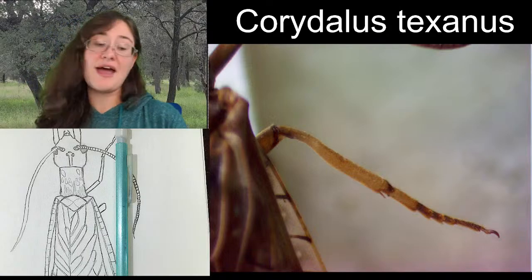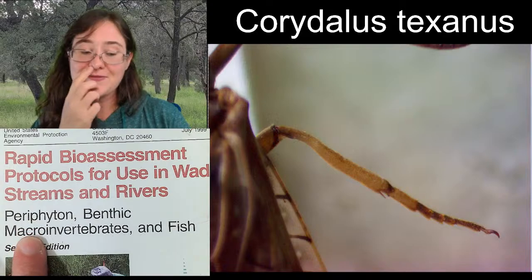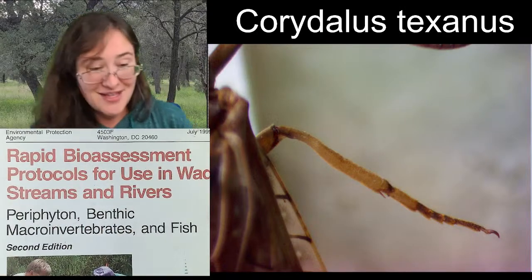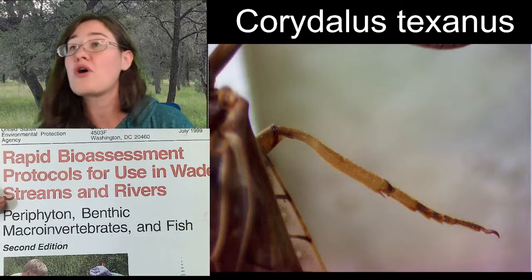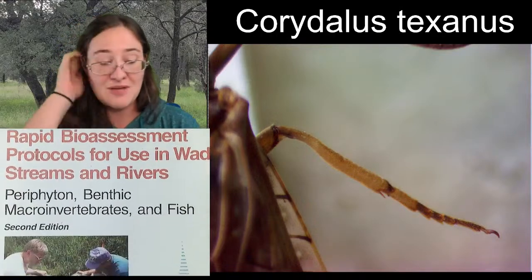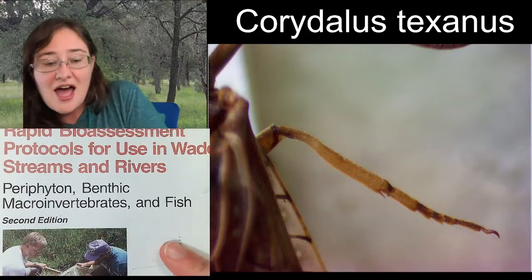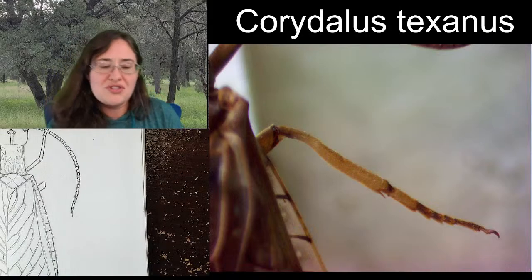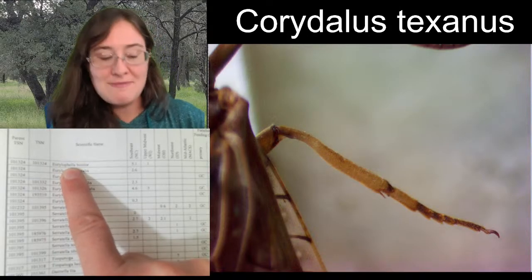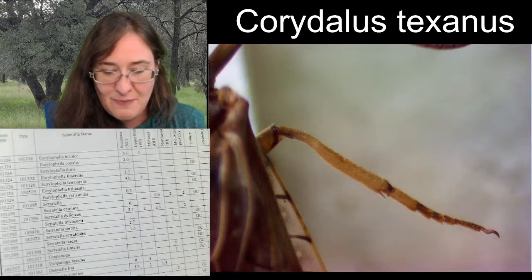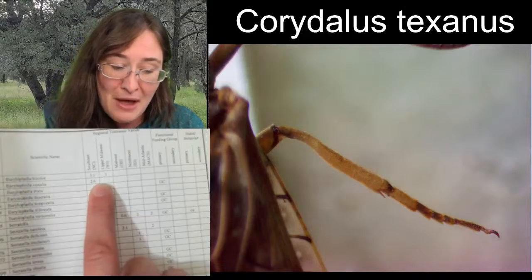So this is a fun little book here. It's the United States EPA's protocols for bioassessing rivers and streams, and it covers insects, fish, and periphyton, and it has all types of really cool stuff in here, like many species, scientific names, and their tolerance values, not only whether they're tolerant or not, but how tolerant they are.